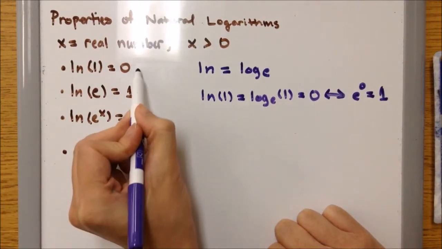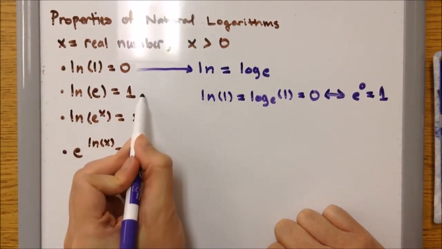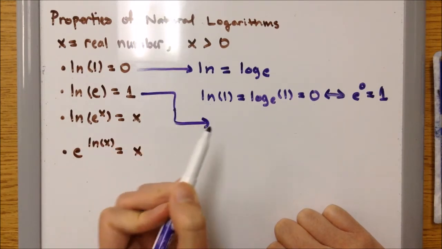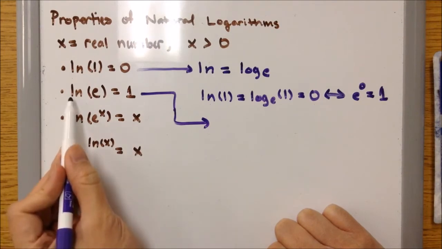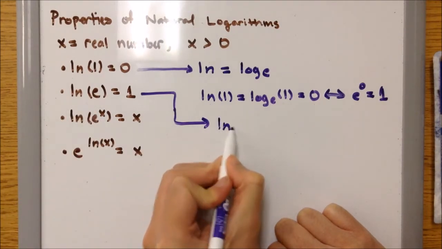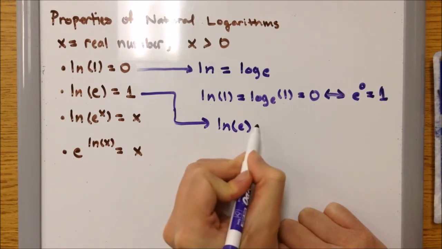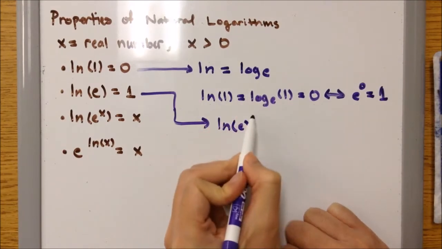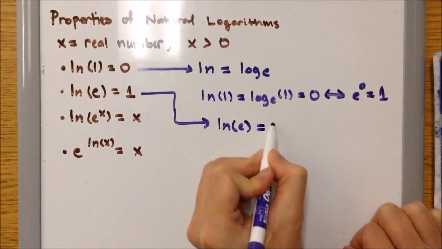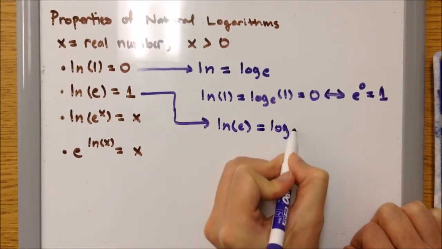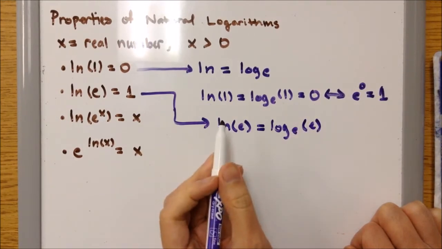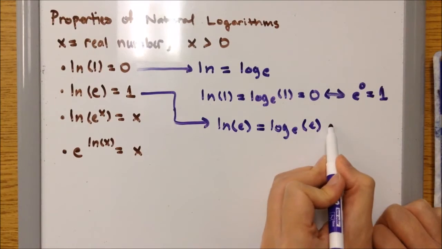Now if we were to talk about ln, or natural log of e, if I were to convert that from natural log to logs, it's log base e of e, and it's equal to 1.